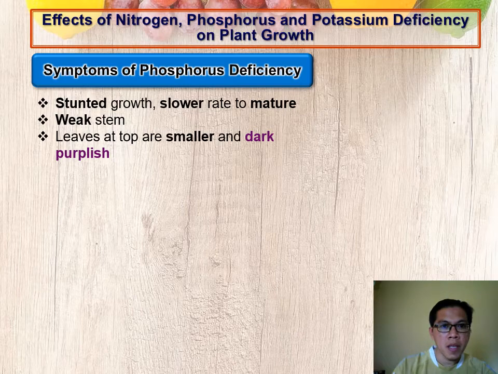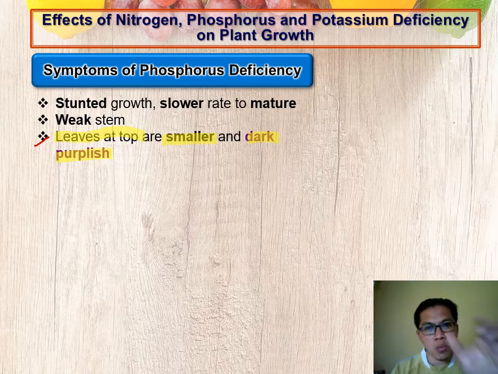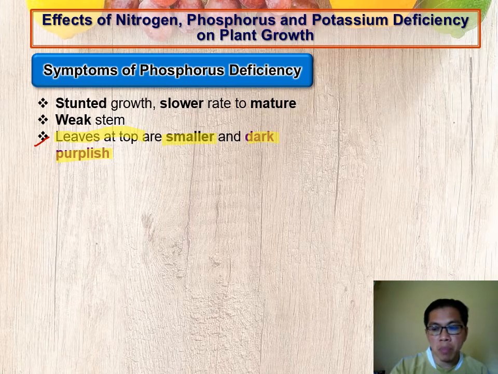Leaf at top are smaller and dark purplish. Leaf at top smaller and dark purplish. Daun di bahagian atas smaller in size, lebih kecil, dan juga warna purple gelap.